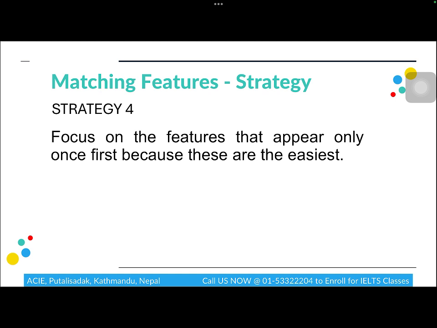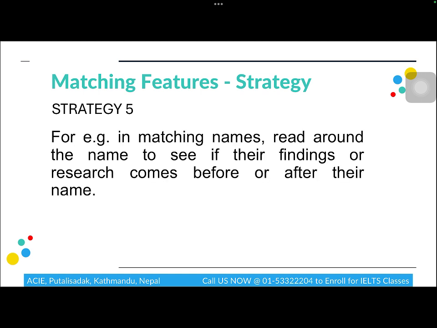As I have mentioned, you are going to underline the features that were given in the question, and you are going to underline all of those features which you find multiple times. Now, there could be features which you find only once. So what we are going to do is read the information given about those features and see if that information matches with the statements that have been given in the question.